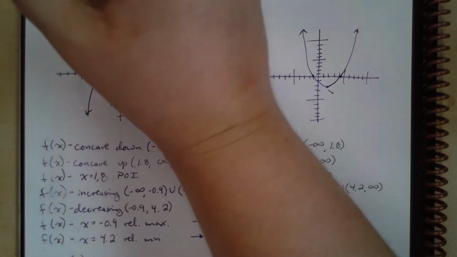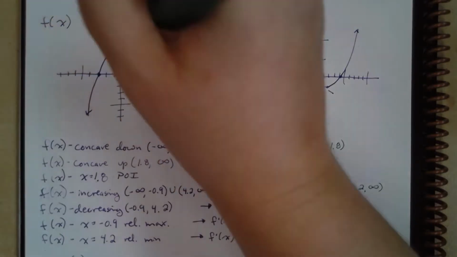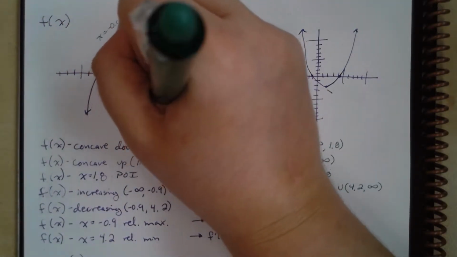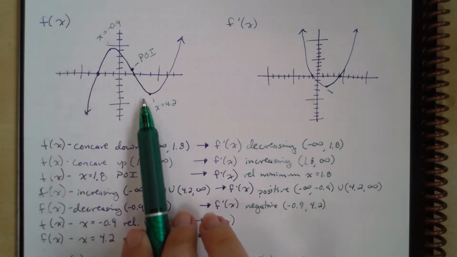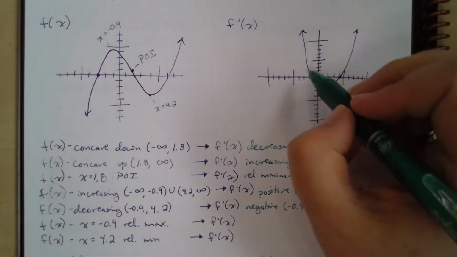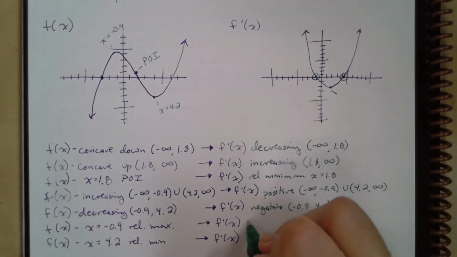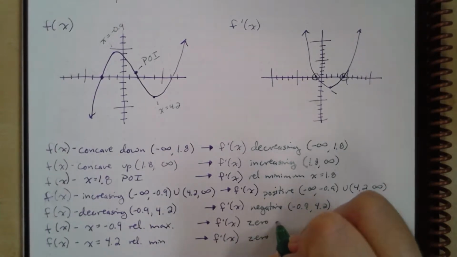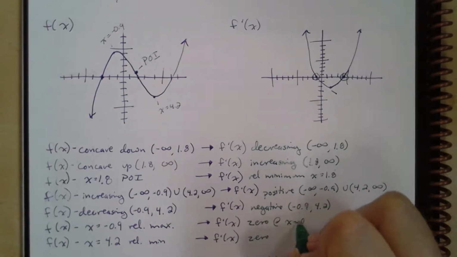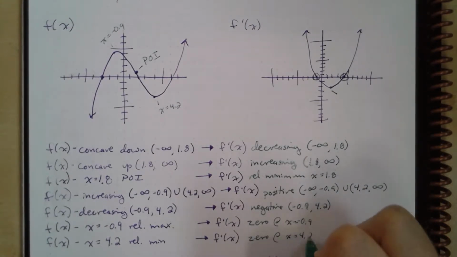So here's x equals negative 0.9, and here's x equals 4.2. We have a relative maximum and a relative minimum. What's happening at those points on f prime? Those are our zeros. f prime of x is 0 at x equals negative 0.9 and x equals 4.2.